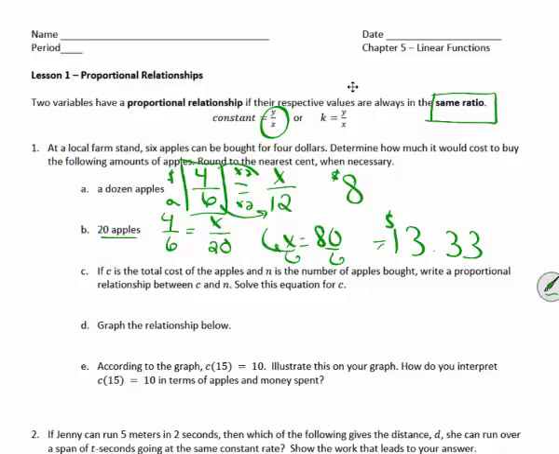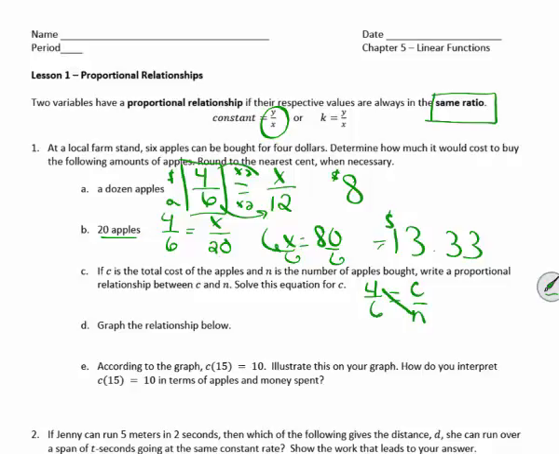So I'm going to basically set this up as a general equation using what we know, and then I'm going to use what we did from chapter 1 to get our C by itself. So I know then, we're talking about money over apples. We know it's a ratio of 4 over 6. This is cost, this is number of apples.